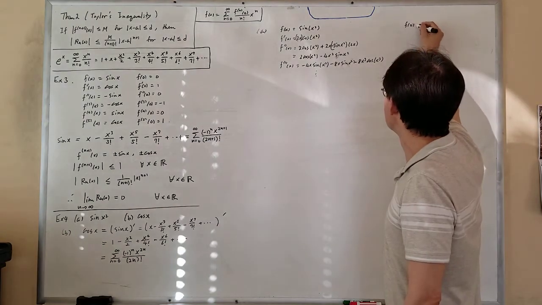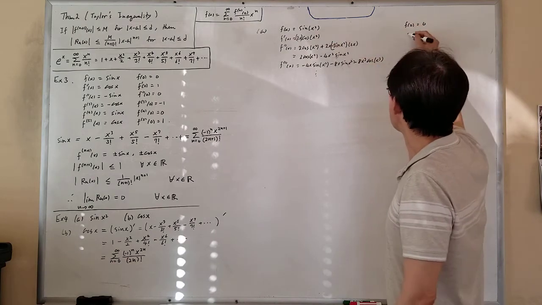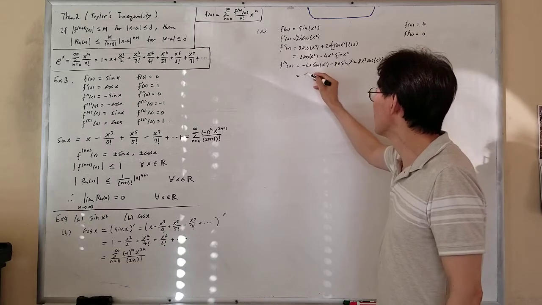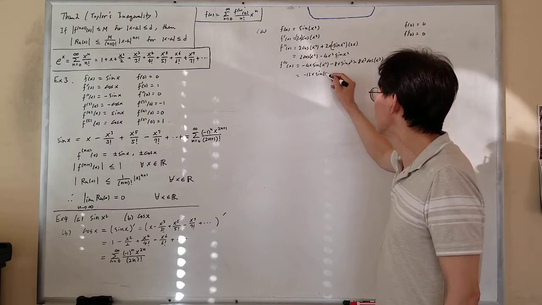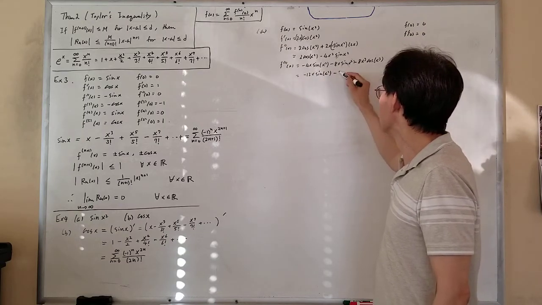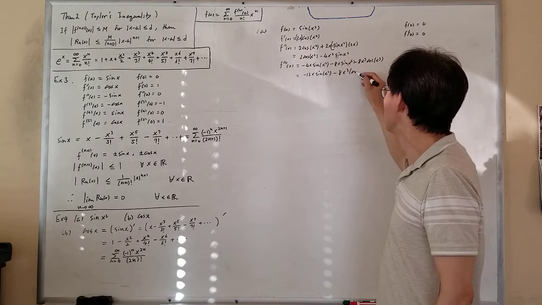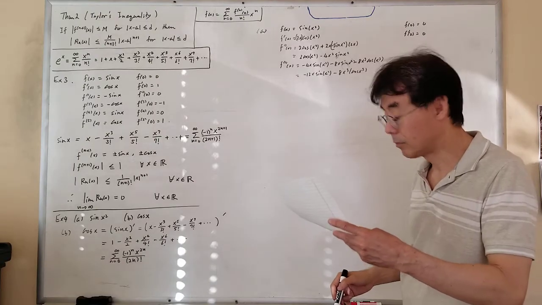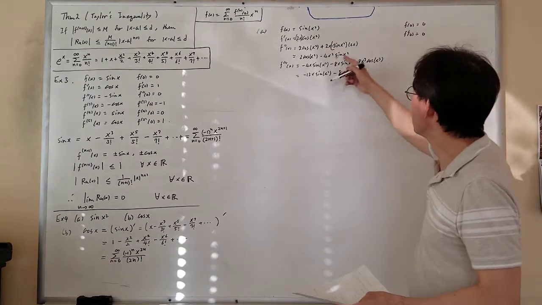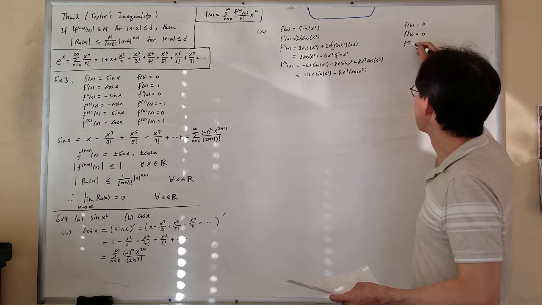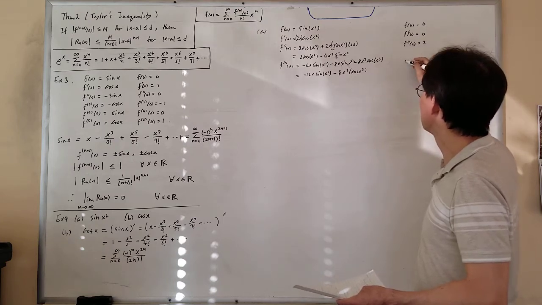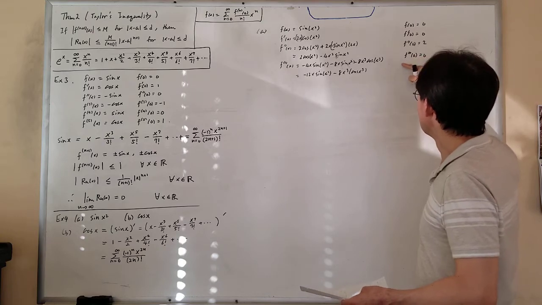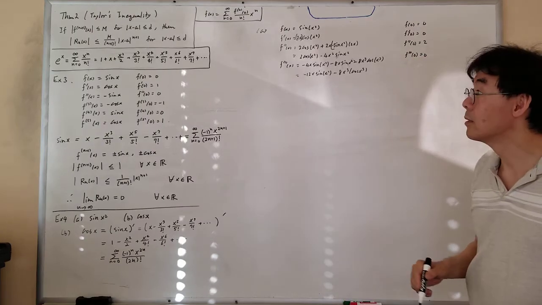Of course, f of 0 equals 0. f prime of 0 is also 0. And f double prime of 0 equals 2. So it would be very hard to see the pattern.